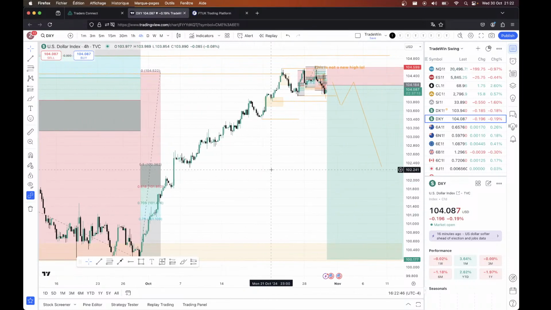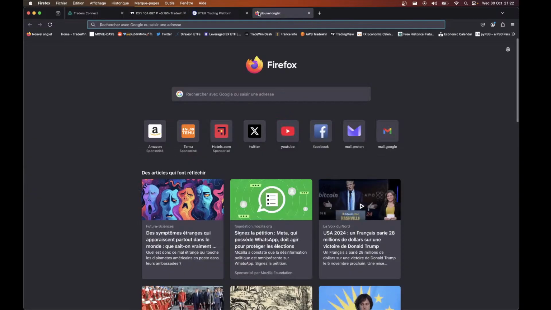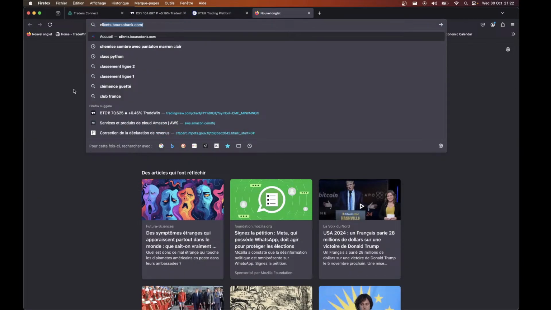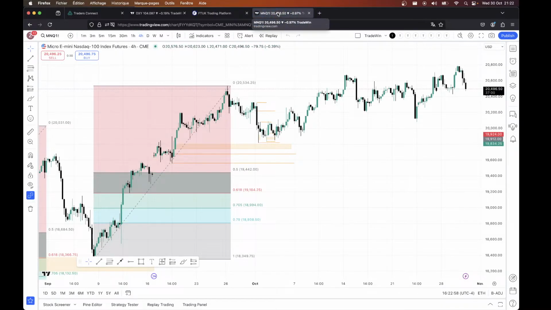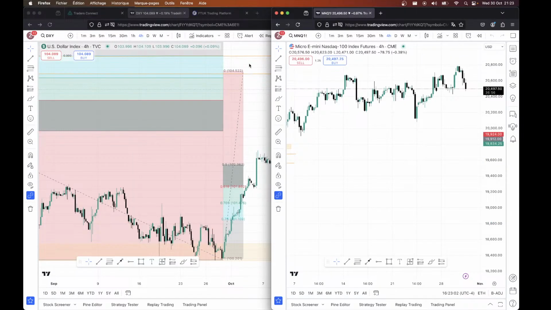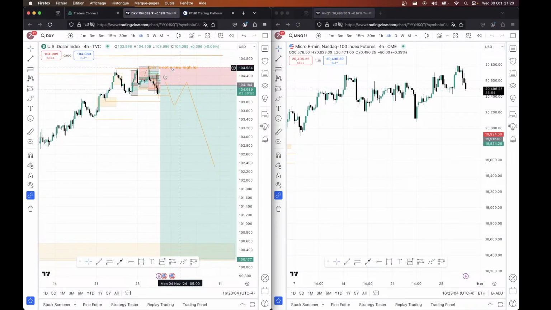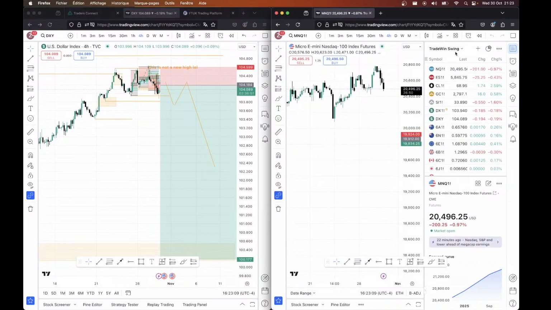Yeah, what's going on here? To do that, I will add another chart, and I think we'll do that. I'm not really familiar with TradingView, but we will work both charts at the same time.